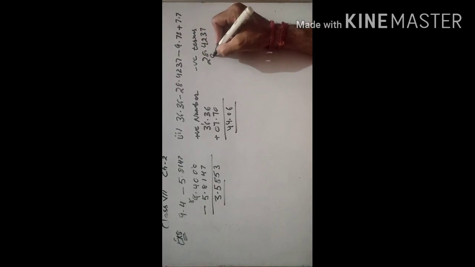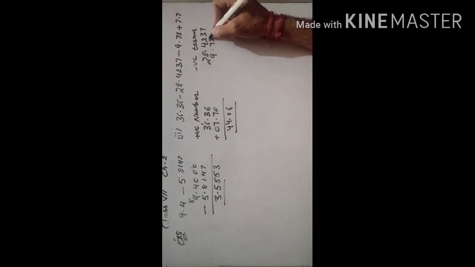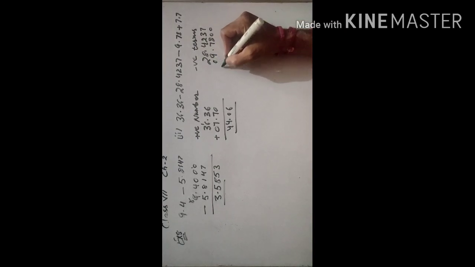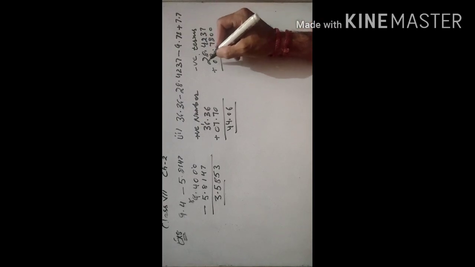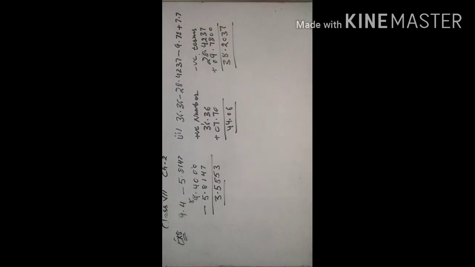And now the negative terms we have to add. 28.4237 and 9.78, make them like decimals by putting 0. Now add again: 7, 3, 0, 12, 1, 18, so 38.2037.